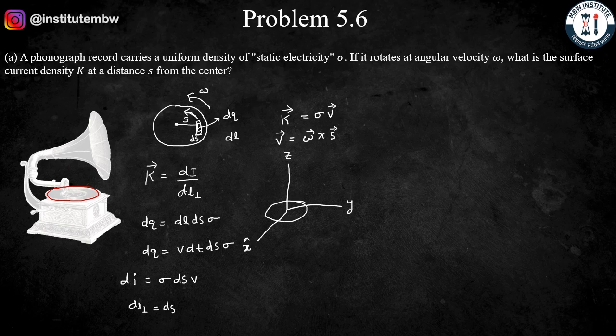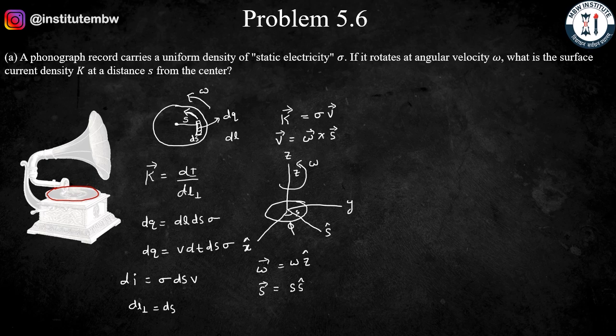So at a particular point, that is s, and that is phi, and that is z. It is rotating with the angular velocity omega. Let's suppose it is rotating about z axis. So we can write the omega in vector form using right hand thumb rule, that is omega vector is equal to omega z cap. So s vector will be as s cap. So s cap is this direction.